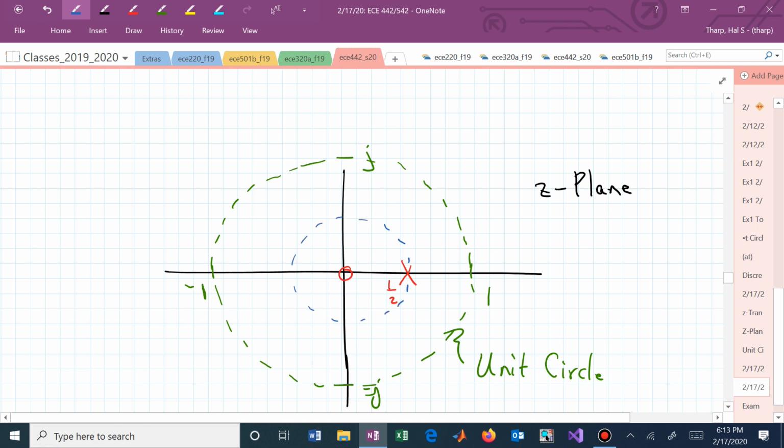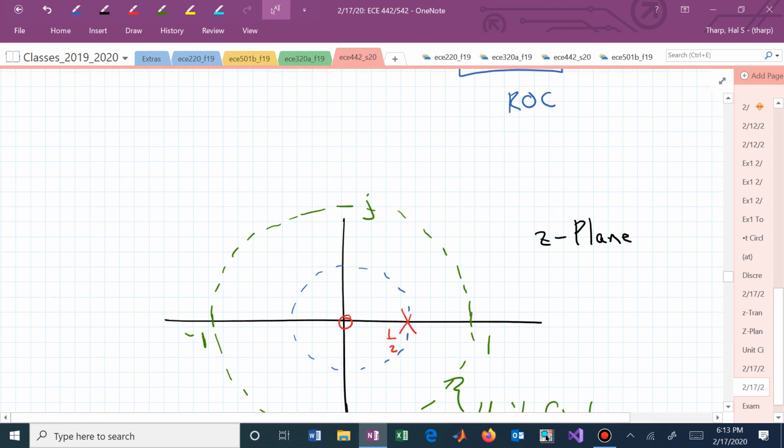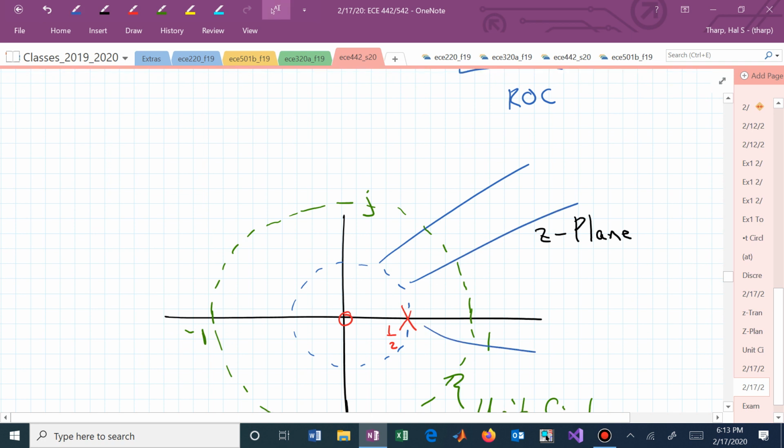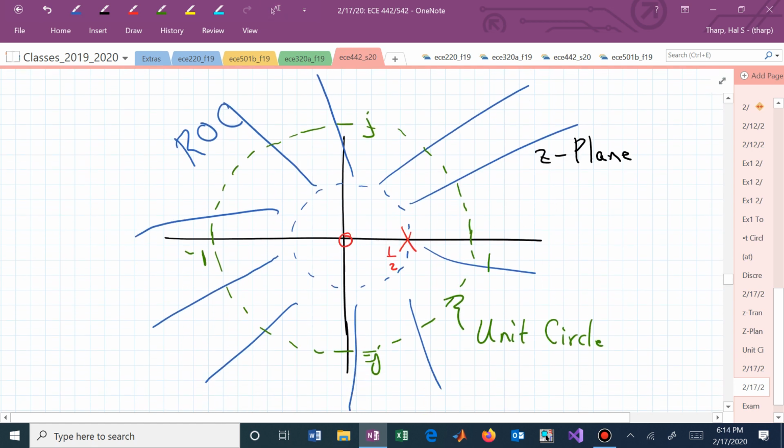Now how do I shade this? That's determined by this. That's my region of convergence. I now say all z's that are outside that disk of 1/2. Now my region of convergence looks like that.